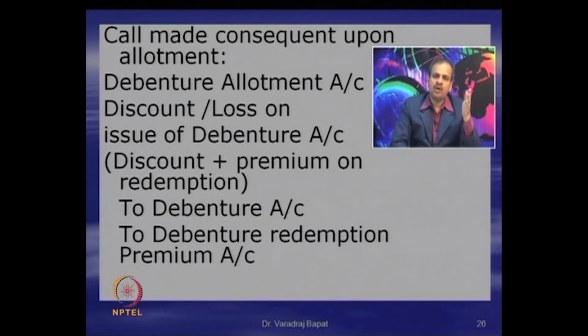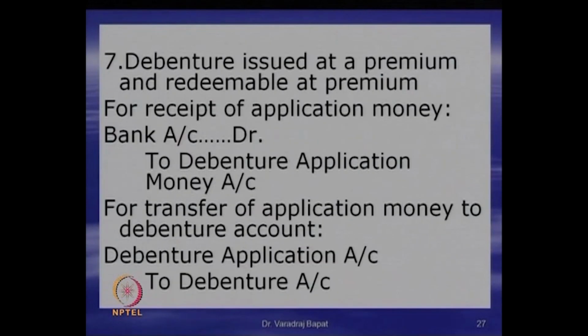That is why debenture account will have to be credited with 100 rupees, debenture redemption premium is to be credited with 6 rupees, and there is some loss on issue of debenture which is 9 rupees. I hope you are getting what is happening. So I receive 97, there is a loss on issue which is 9. So 97 plus 9, 106, I credit 100 rupees to debentures and I credit 6 rupees to debenture redemption premium account. Okay. I hope all the cases are clear to you.